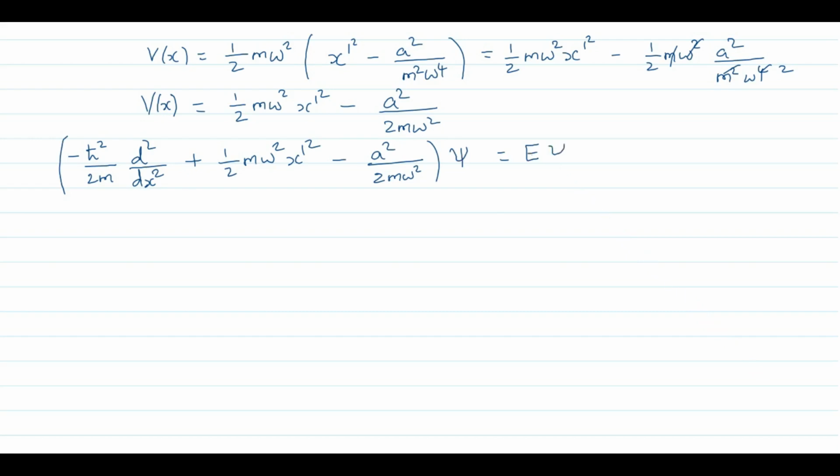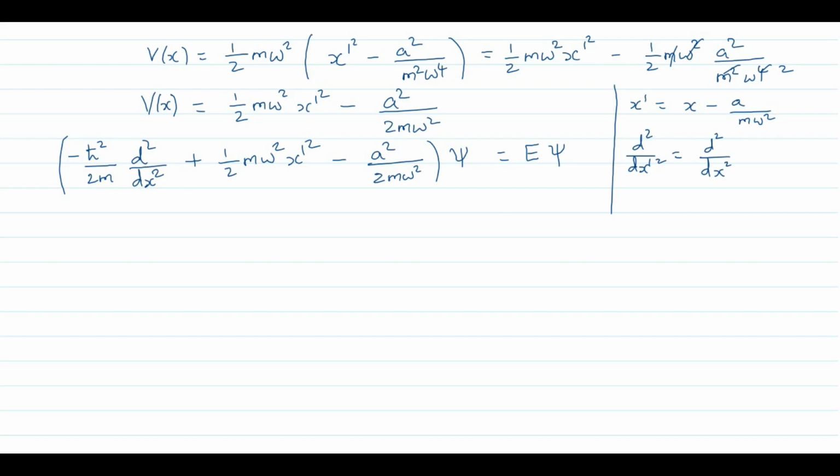Now this new variable x prime is x minus a by m omega square. If you take the first derivative with respect to x prime, it is equal to d by dx, because this term is a constant. Therefore when I take the second derivative, I will get the same.